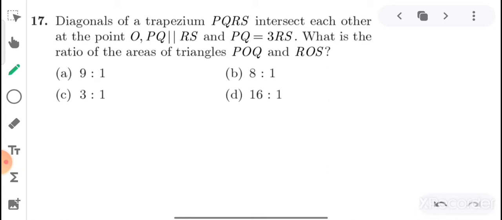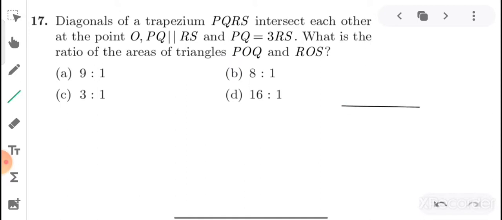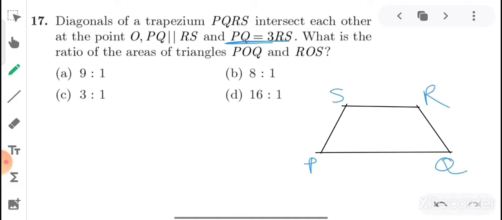In this question there is a trapezium PQRS. Firstly, draw a trapezium. That is a trapezium PQRS, and PQ is equal to 3RS. Hence PQ will be the greater side and RS will be the smaller side.